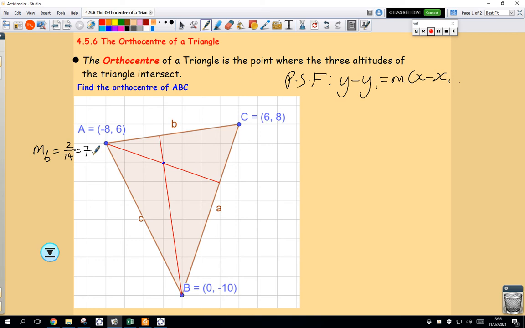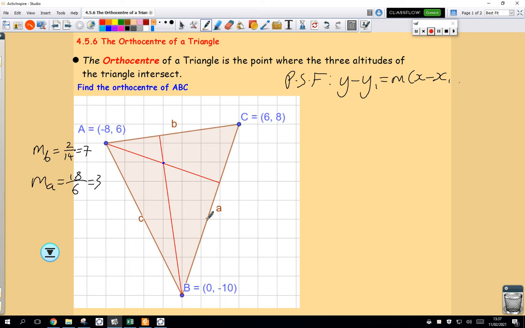If I look at this side little a over here, the slope of side little a is going to be rise over run, change in y from negative 10 to positive 8. That's an increase of 18. From 0 to 6, well, that's an increase of 6. So side little a has a slope of 3.